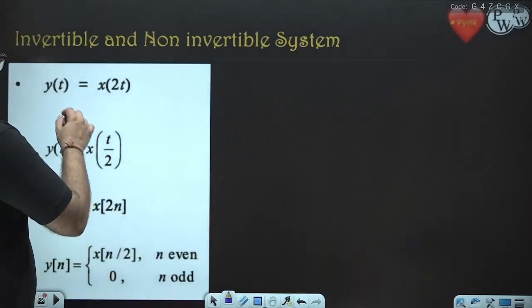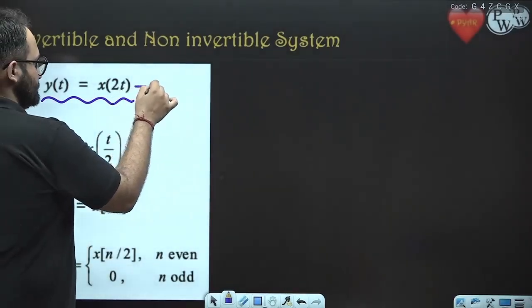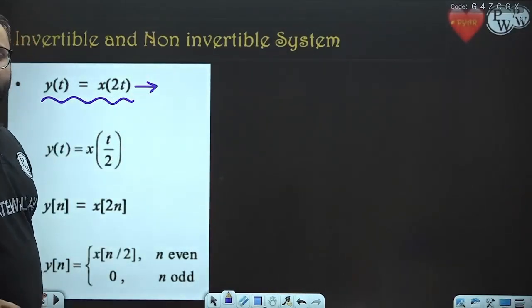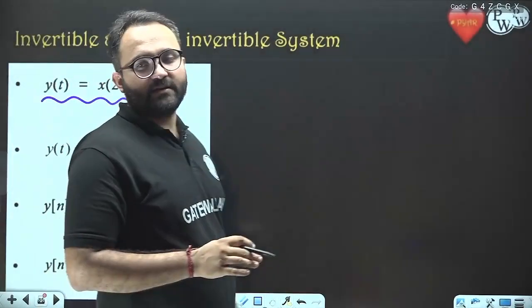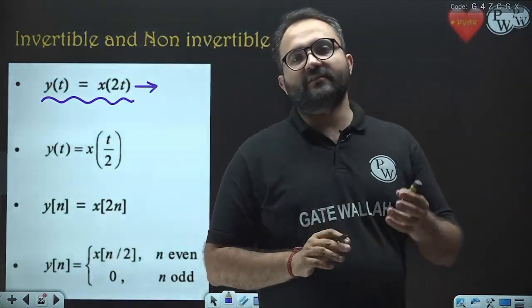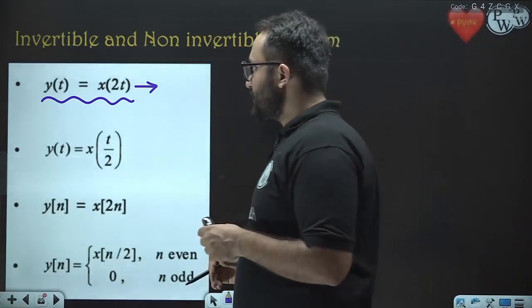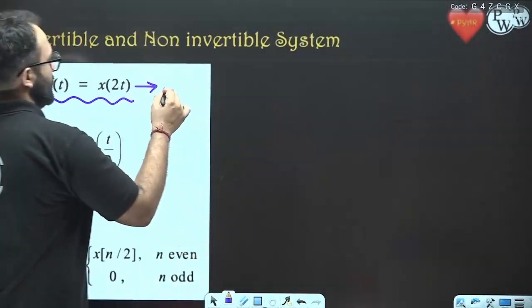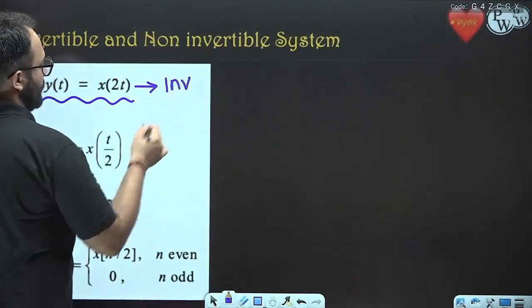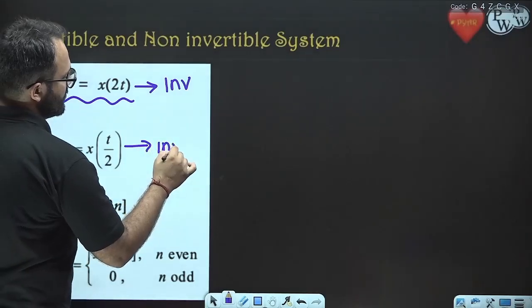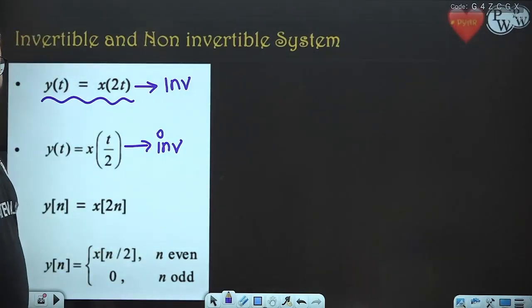Next is contracting the signal. In the continuous-time domain, we have already seen that when we contract any signal, there is no information loss, so this is invertible. When we expand a signal, there is also no information loss.